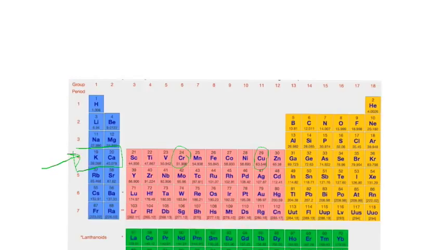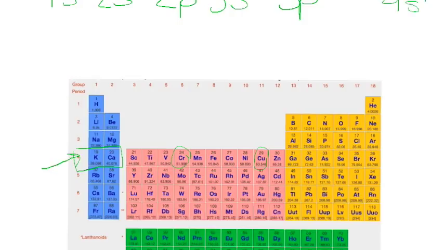So let's remind ourselves 4s1 is what we're going to end up with there. So 1s is full, 2s is full, 2p is full, 3s is full, 3p is full. Now remember it was 4s1. So let's put that at the end to remind ourselves.